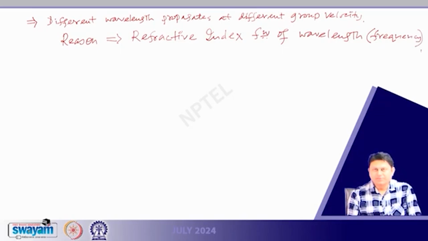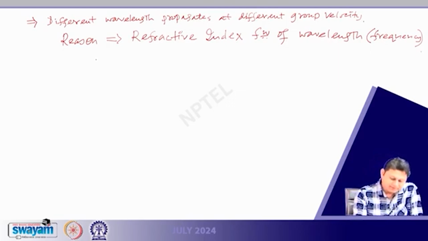Refractive index is a function of wavelength and frequency, and that is the reason we have this n derivative. So n is a function of lambda.